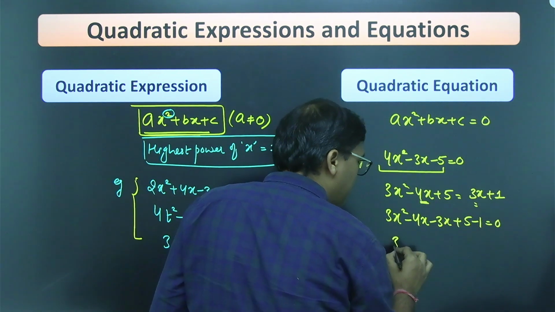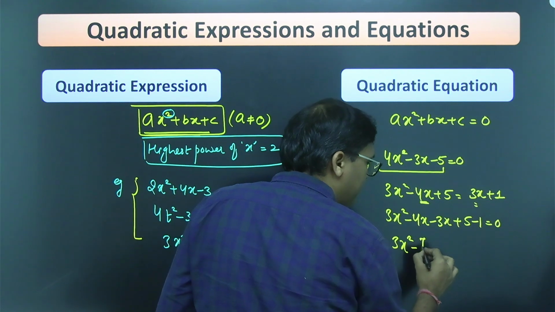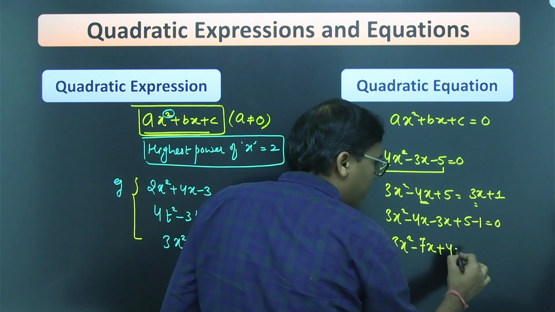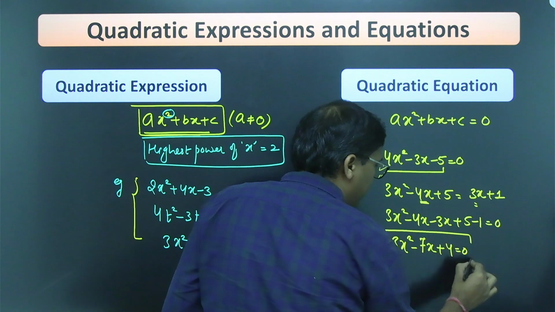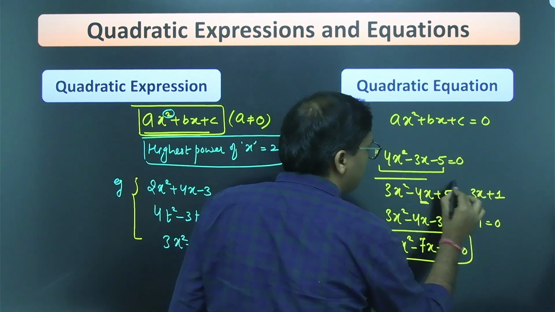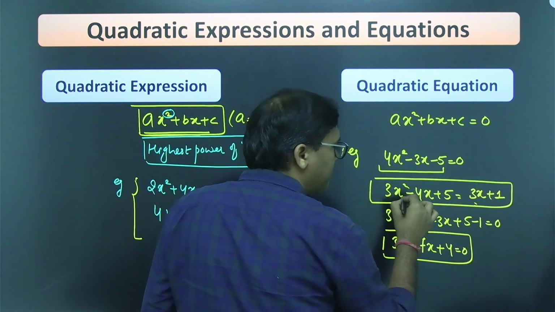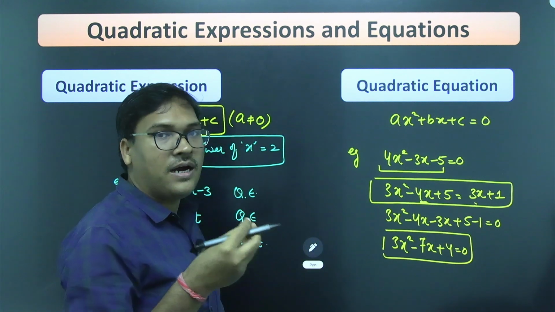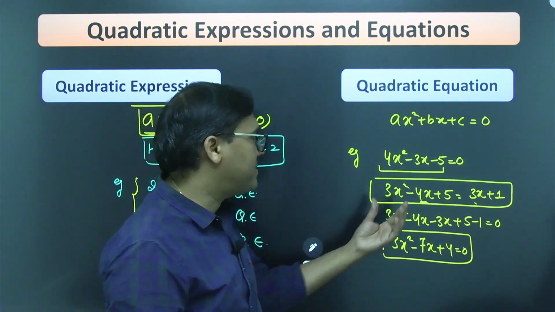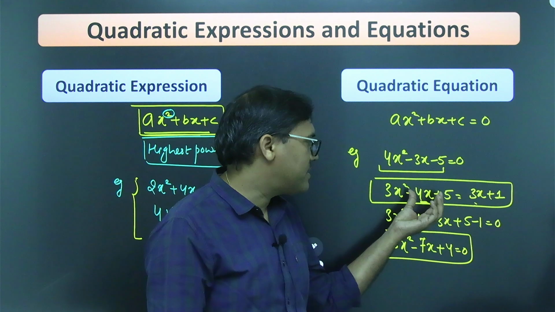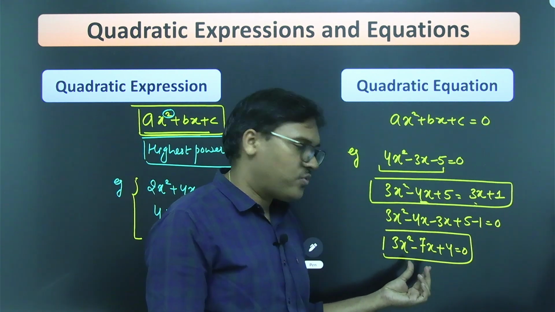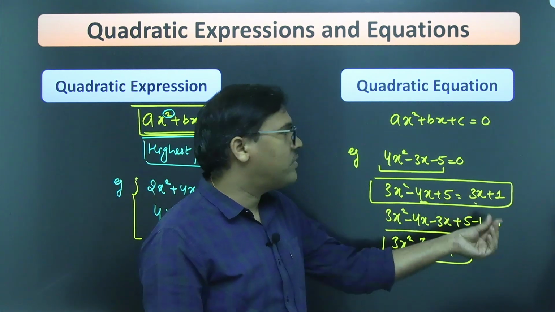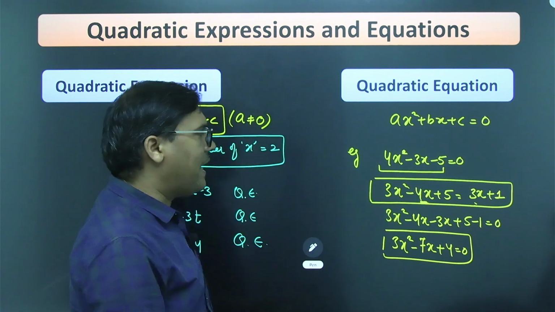So you can see this is 3x square minus 7x plus 4 equal to 0. This equation has the highest power of the variable as 2. That is why this is a quadratic equation. You can see I have converted this into the form ax square plus bx plus c equal to 0. So I can convert anything.